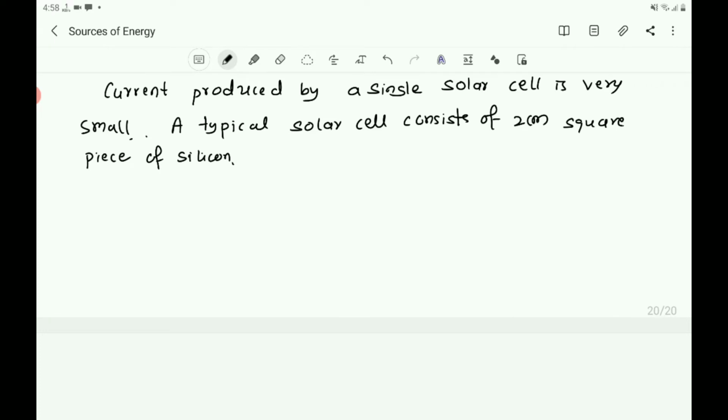It can produce about 0.7 watt of electricity when exposed to sunlight.